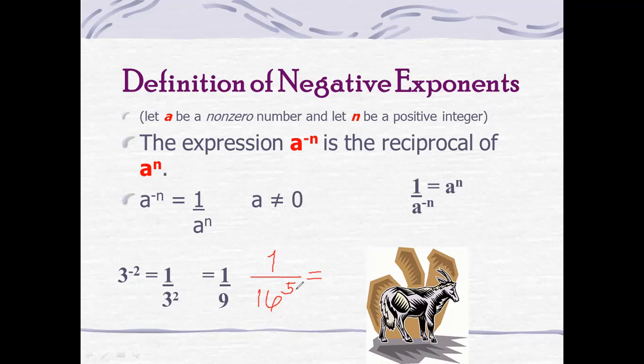If you have this fraction, 1 over 16 to the power of 5, what is it written in a negative exponent? That is 16 to the power of negative 5. Yes, very good. So that will be equivalent to 16 raised to the power of negative 5. Actually we are just having the opposite of that.